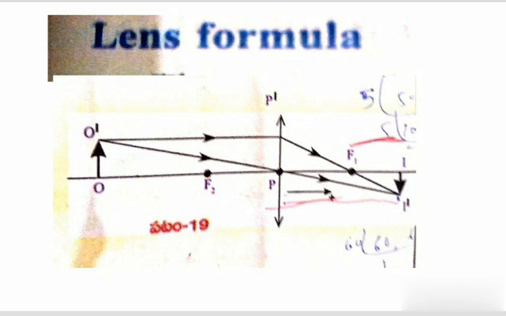Observe figure 19. O dash is the object placed in front of a convex lens. I dash is the real image formed by the lens on the other side. How is the image formed? Here, the ray starting at O dash and moving parallel to the principal axis falls on the lens.